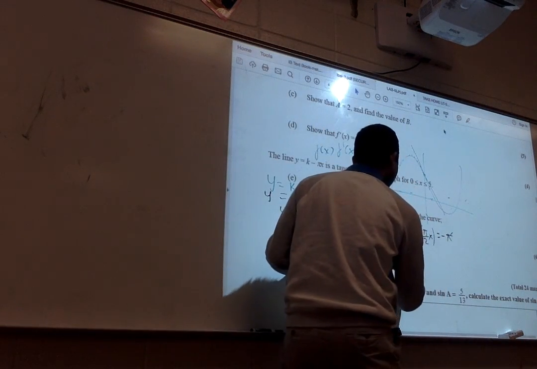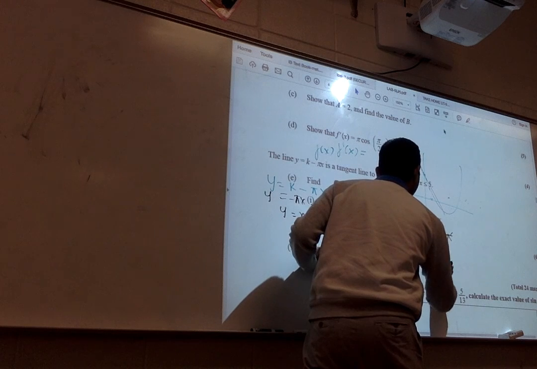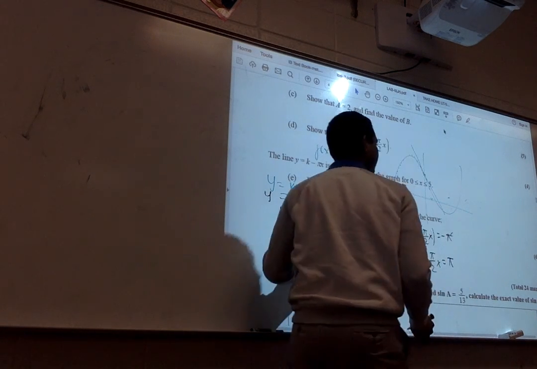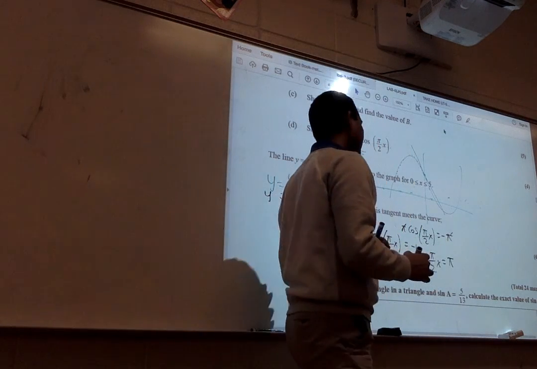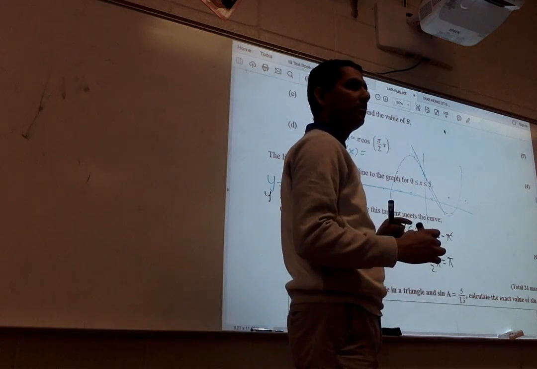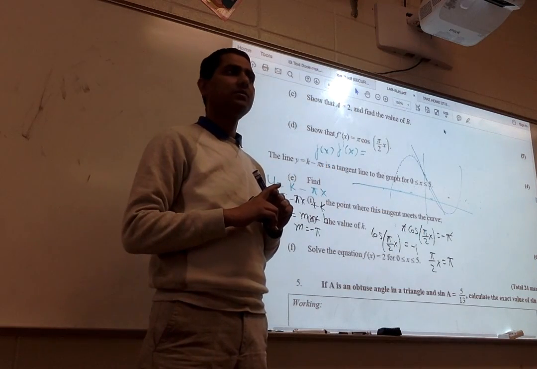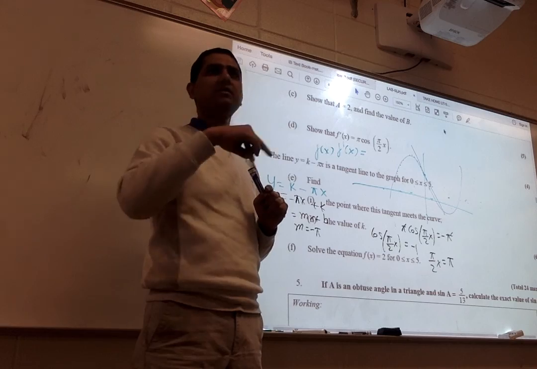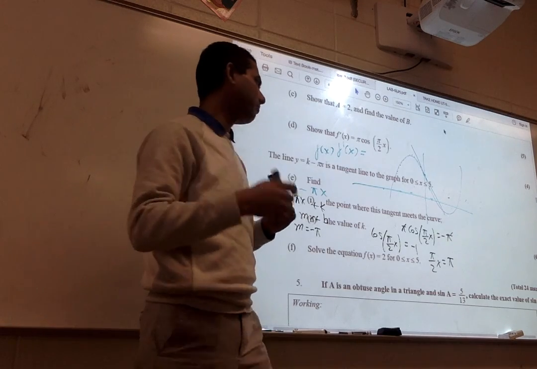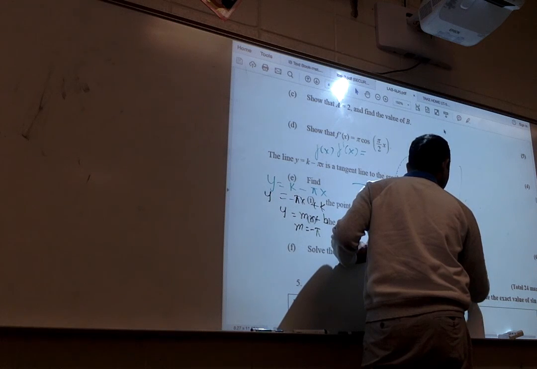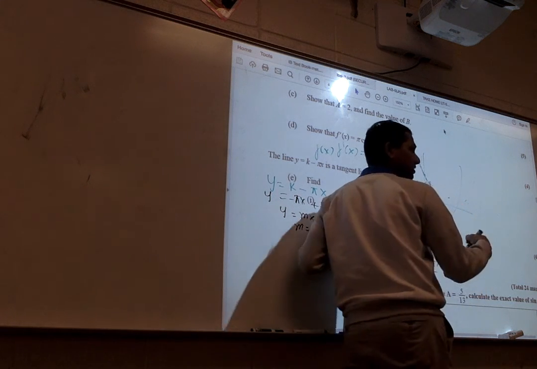So your solution for this one is pi over 2x is equal to pi. Then what are the other values? You keep on adding 360 degrees, right? So pi plus 2 pi. 360 means 2 pi, right?